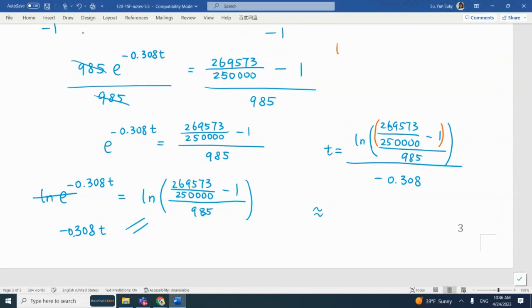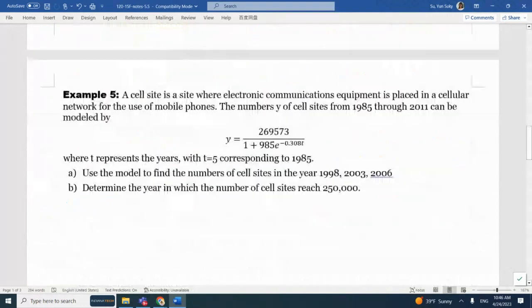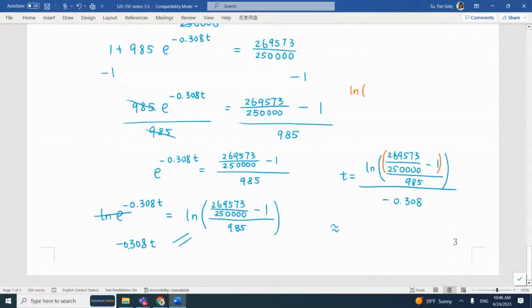On your calculator, you put ln, and it gives you one parenthesis, and then you put another parenthesis. That's the numerator. So 269,573 divided by 25000, then minus 1, parenthesis. This parenthesis takes care of this.